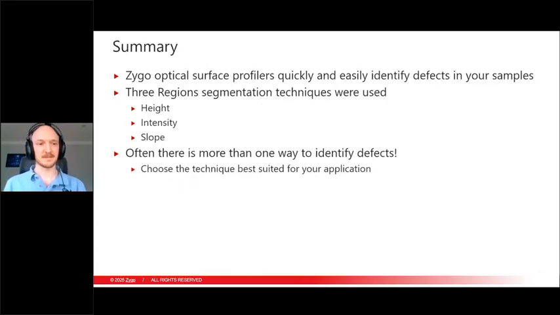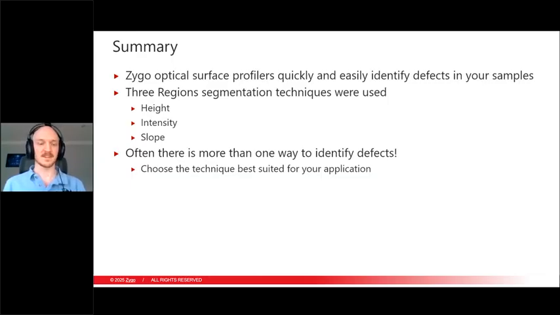So just to wrap up, we looked at some data using optical surface profilers and our MX software, and we calculated different parameters and identified defects using regions. And we used 3 different techniques, being height, intensity, and slope techniques, to segment our defects and perform analysis on those.